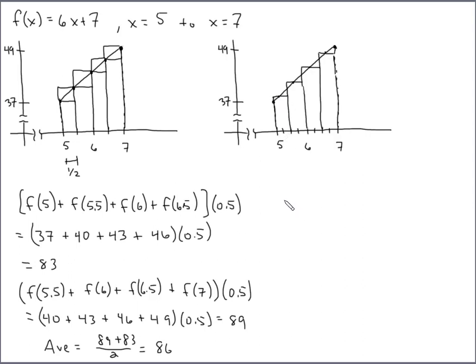So for the midpoint, we're going to say it's f of 5.25, plus, now the next one, 5.25 plus 1/2 is 5.75 is the next one.